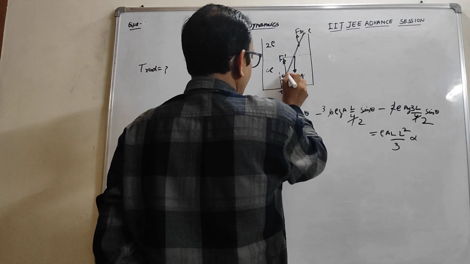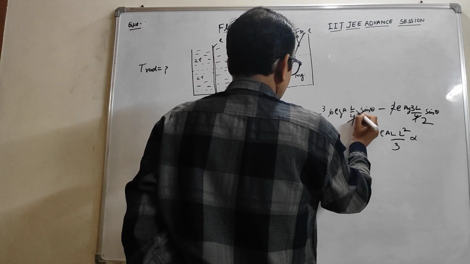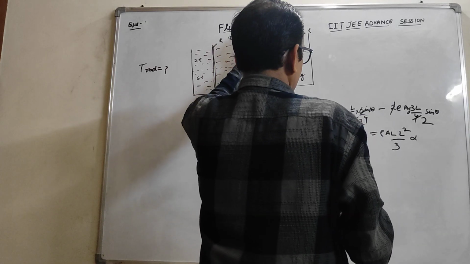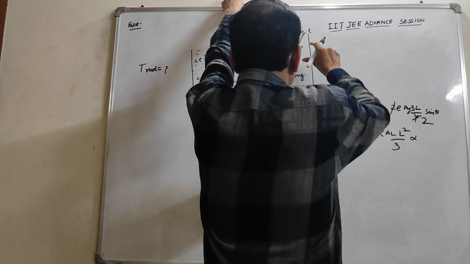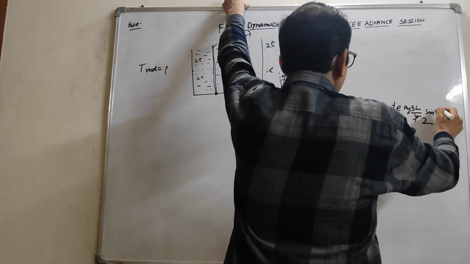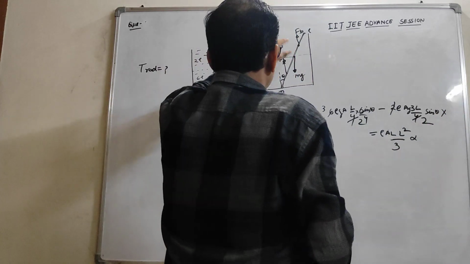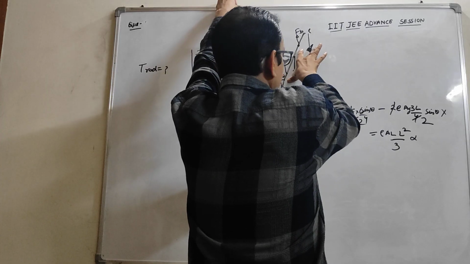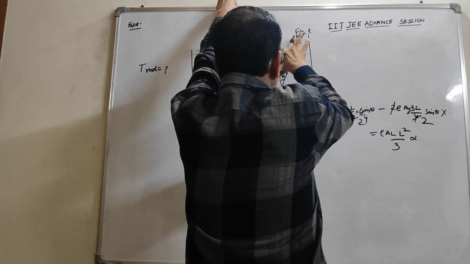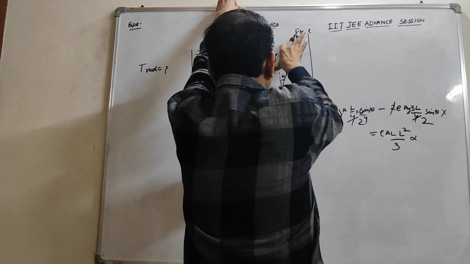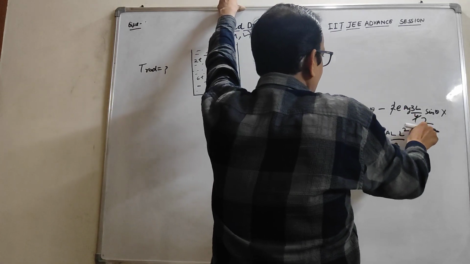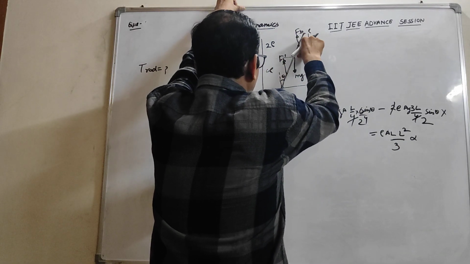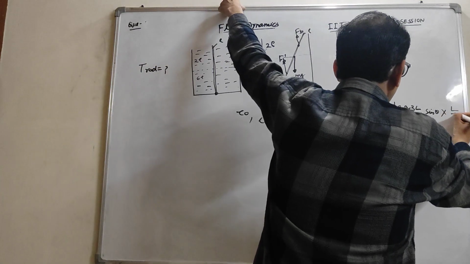So L by 4 sin theta, L by 4 sin theta, and here the buoyant force is acting on this. 3L by 4 is the distance with sin theta for torque. This is the distance for torque, and we have to apply the buoyant force on L by 2. So L by 2 is also.